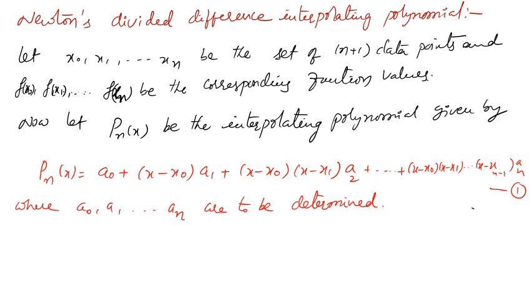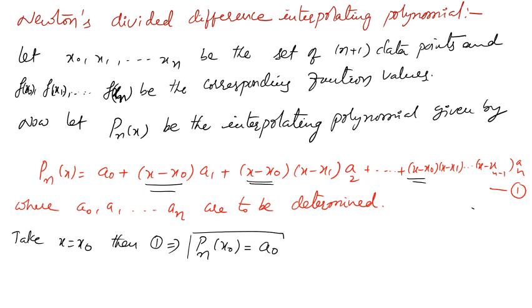Now take x equal to x0, then what does 1 become? If I put x equal to x0, the left side is Pn of x0, and with x minus x0 equal to 0, every term is 0 except a0.